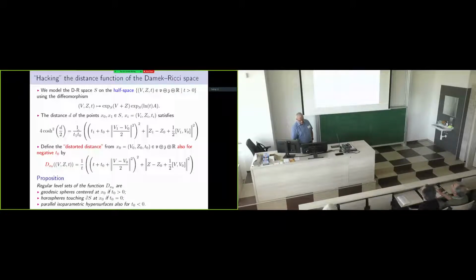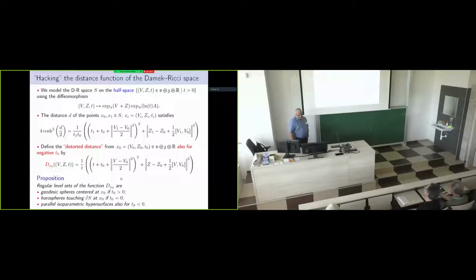So we forget about the left-hand side, we consider only the right-hand side function and multiply it with t0, and we look at this function just as a function on the Damek Ricci space, which depends on x0. The crucial observation is that this function is defined for any x0, also for x0 with negative or 0 last coordinate.